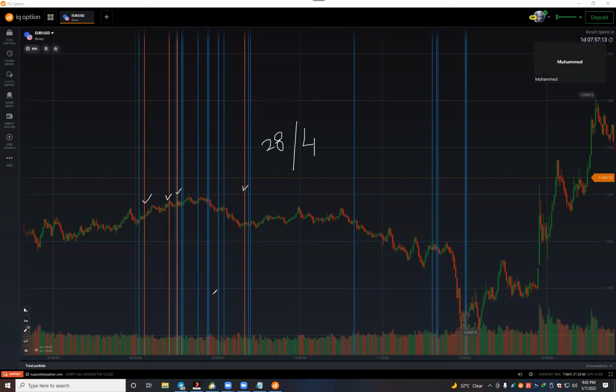So now you understood the power of the wicks in the candles. If you read each and every candle with the wick, with the body, with the volume, you will be confused.